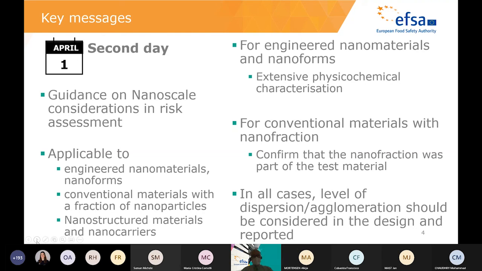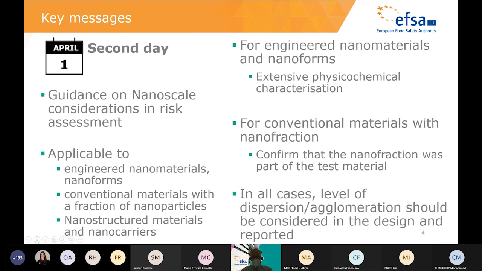For the conventional materials with the nanofraction, you need to confirm that the nanofraction was part of the test material. And in all cases, again, the issue of the high level of dispersion and agglomeration must be considered in the test design. Please consider that for the testing, we need to use doses that are orders of magnitude higher than the doses that consumers are expected to be exposed to, because of the margin of uncertainty factors that Alicia was kindly explaining in the response to the question.